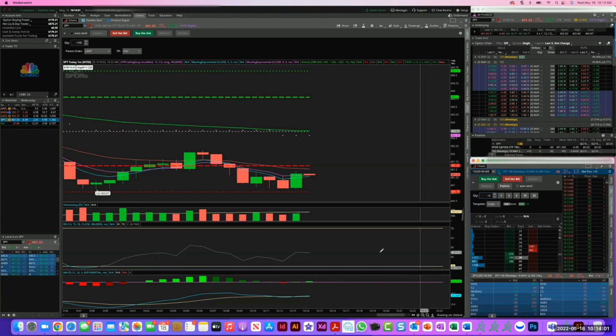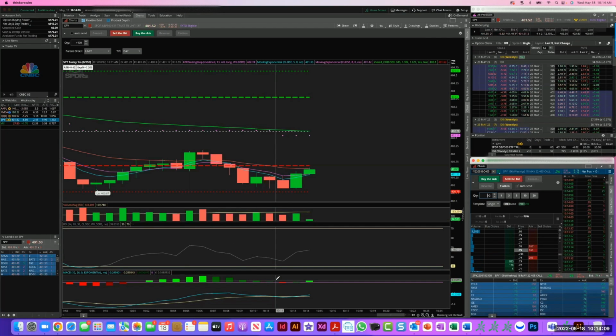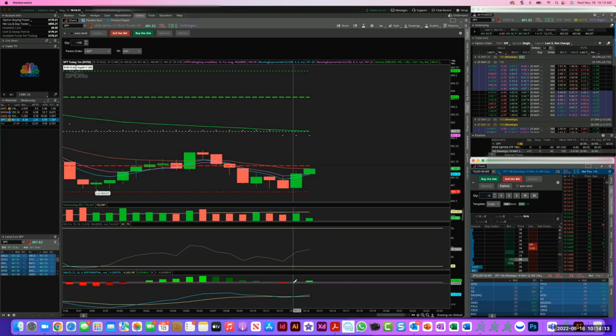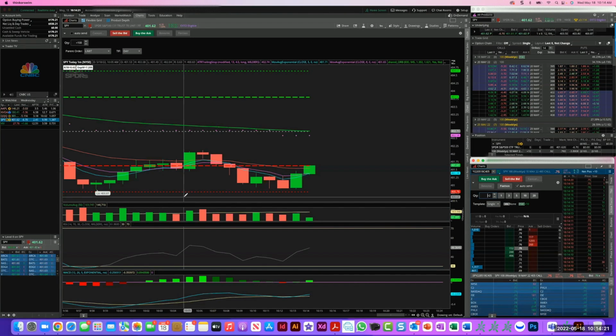Looking for the VIX to fall below the 8-day EMA on the 5-minute chart. That would, again, give us a bit more comfort. So we did not make a new low. That's positive.